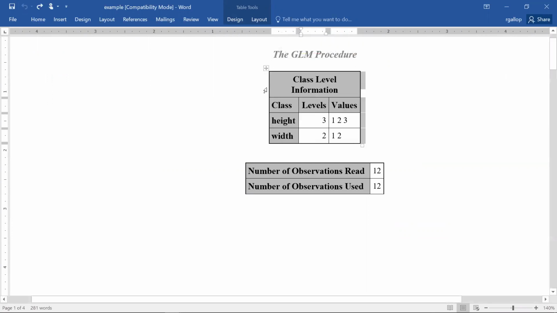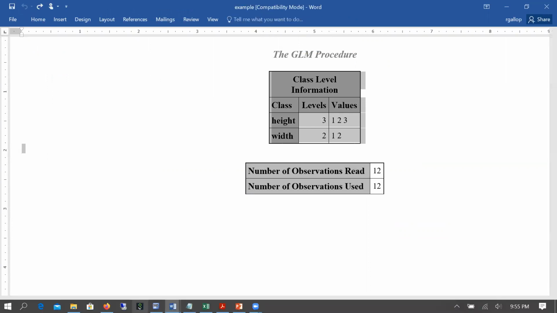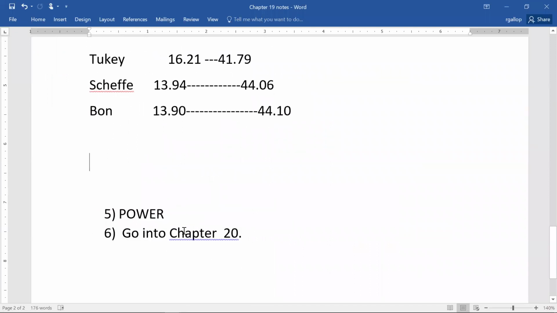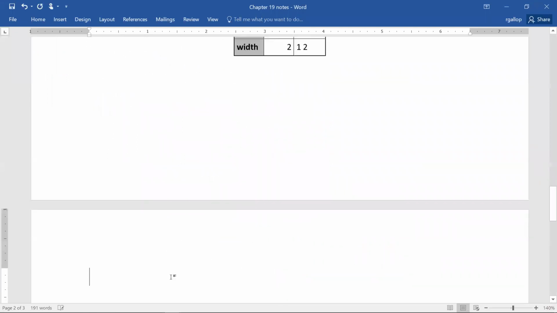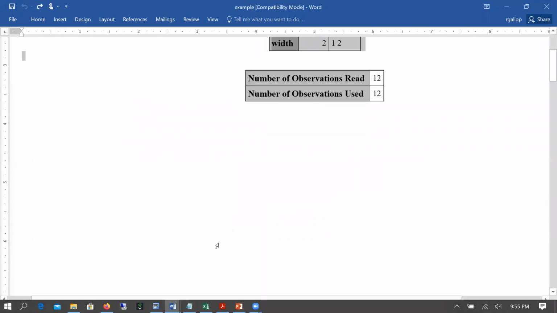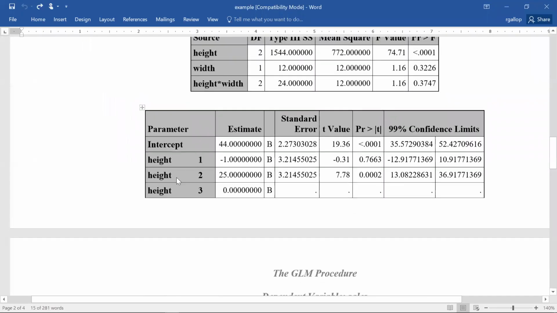Whoops, didn't want to do all that. So we'll go back to our notes. And then we'll go back to the output real quick, if I can get to it real quick.